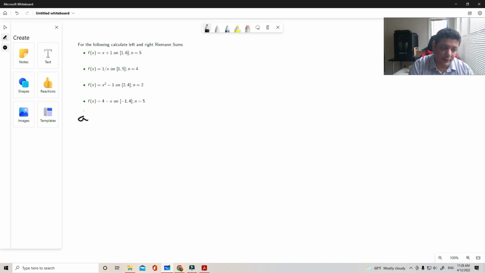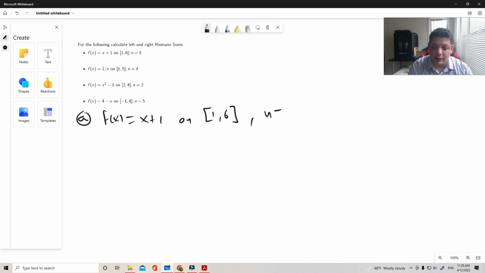So we're going to have f of x equals x plus 1, and we're going to go on the interval 1 to 6, and we're going to do a five-interval partition. So that means that we're going to go one by one.